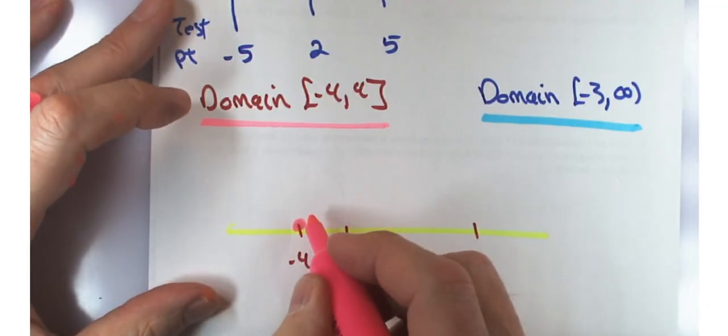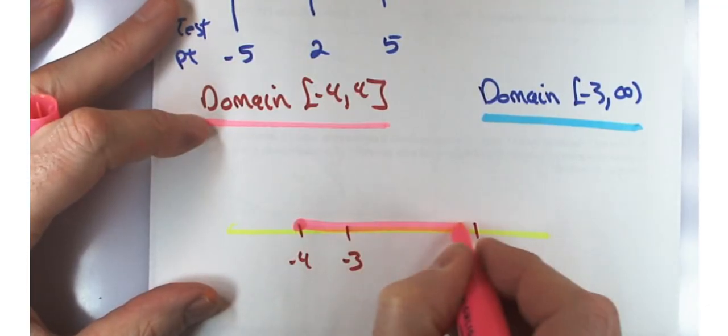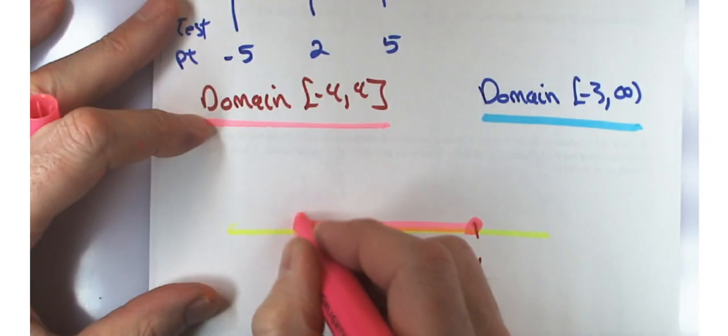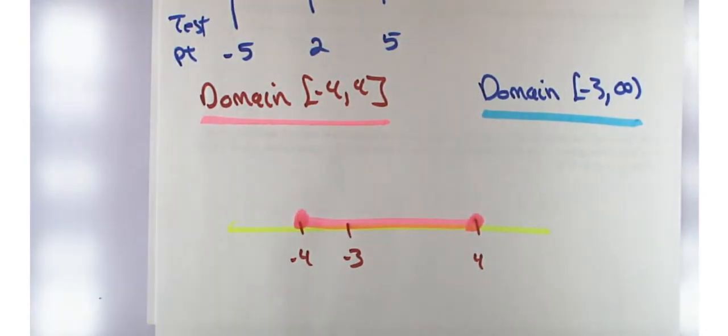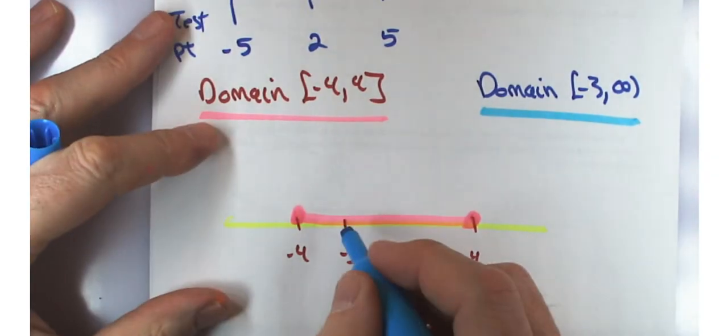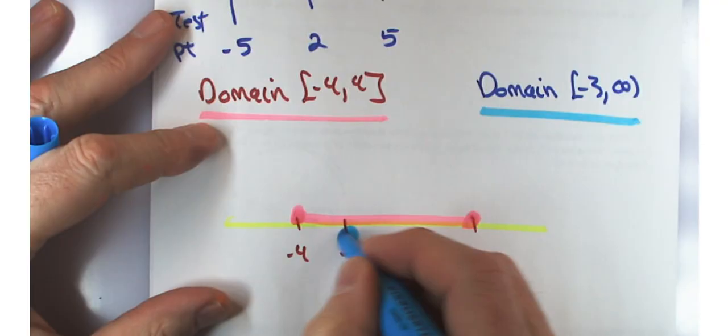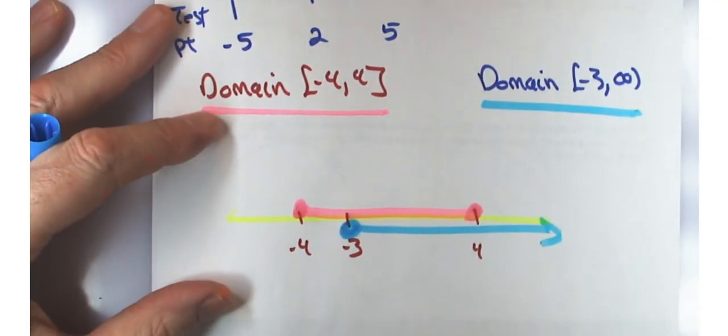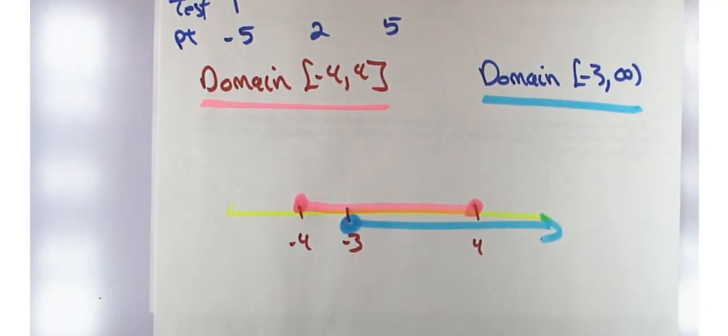Solid dot here to here. That's the domain of the first graph. Let's take a look at the domain of the second graph. The domain of the second graph has a solid dot here, and it goes to the right. Where are these both defined? Where's the function defined in both cases?